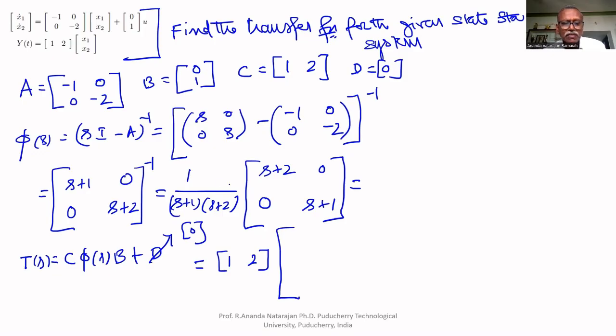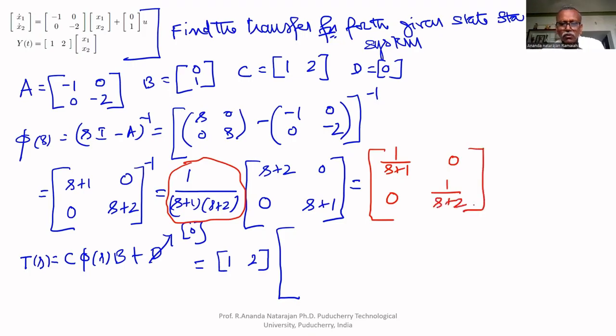If you bring this inside, what you will get is [1 by s plus 2, 0; 0, 1 by s plus 1]. Substitute this phi of s here. B matrix is [0; 1].